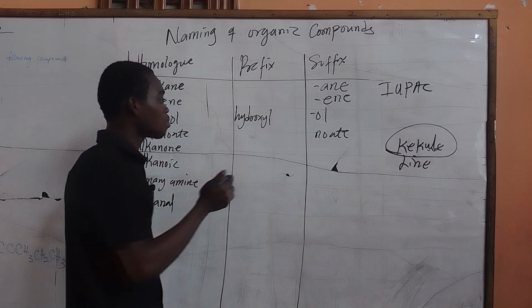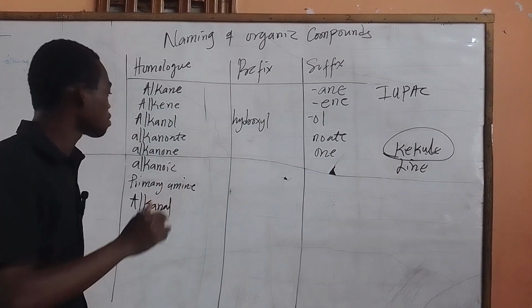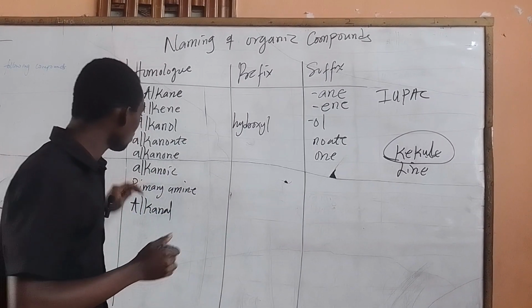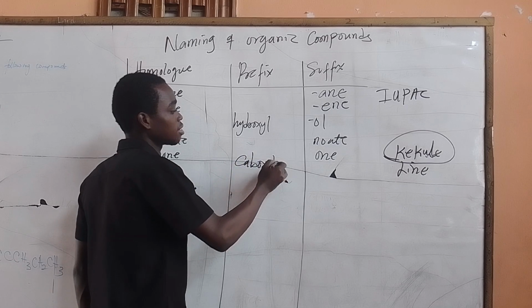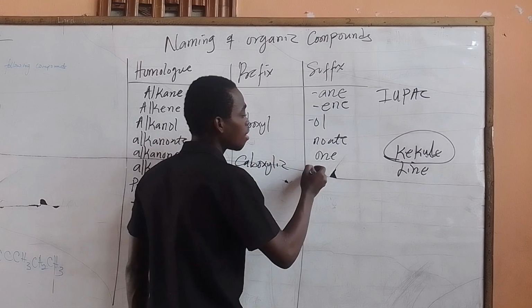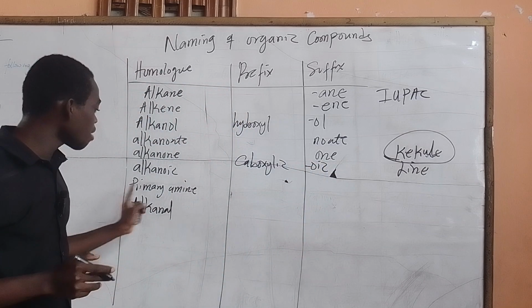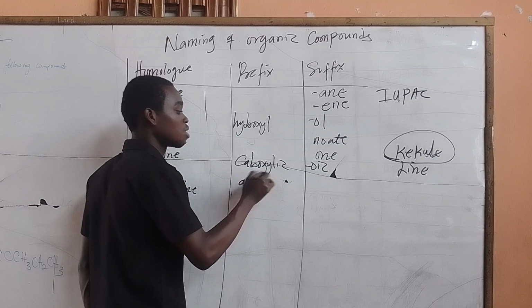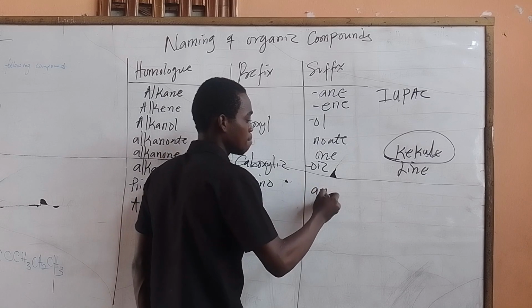For alkanone, we have the one. They don't have any prefix. For the alkanoic acid, we have the carboxyl, and we also have the oic as the suffix. While for the primary amine, we have the amino as the prefix, and we have the suffix amine.